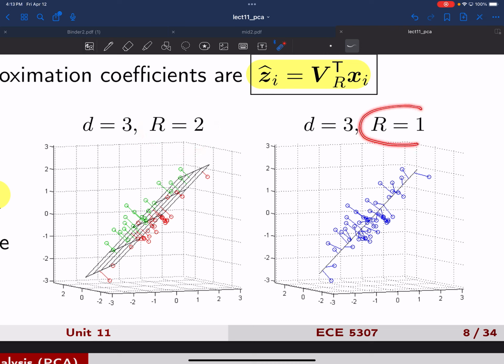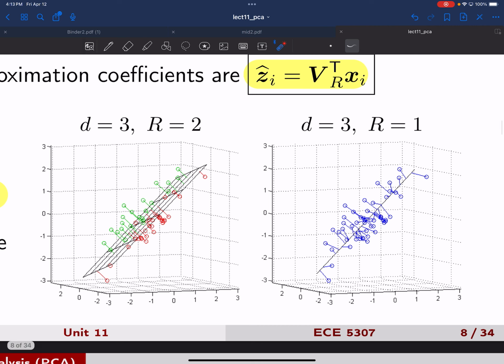If instead you wanted to reduce them to 1 dimension, then you're looking for a line in the overall feature space, such that that line is closest to all your 3-dimensional samples in RSS. So in that case, the B matrix is just going to be a 1-column matrix, and the column tells you the orientation of that line.